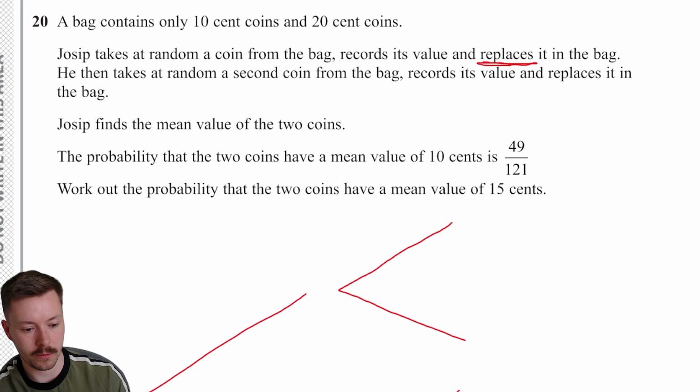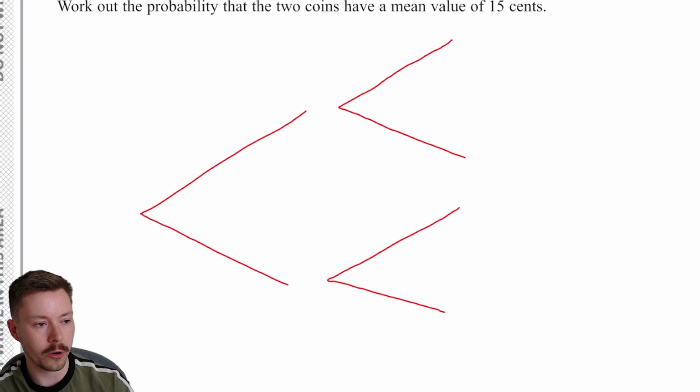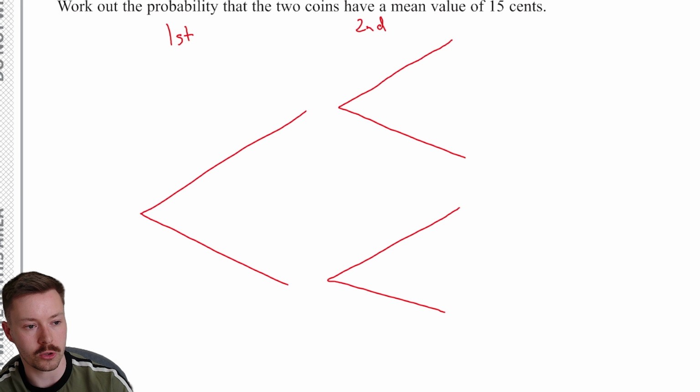Okay. So we've got, here we go, we've got draw 1. Actually, do you know what? I'll put first and second. That'll be better. So first draw, second draw, and then we've got 10 cents and we've got 20 cents.